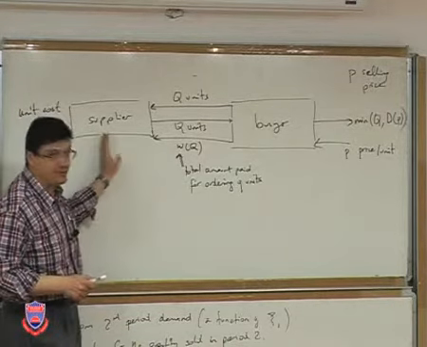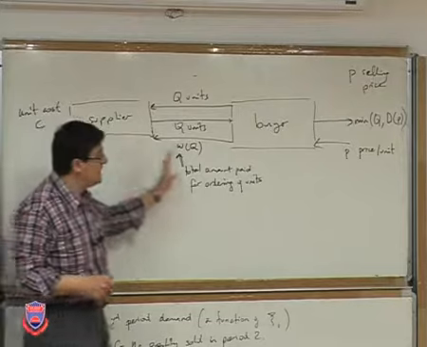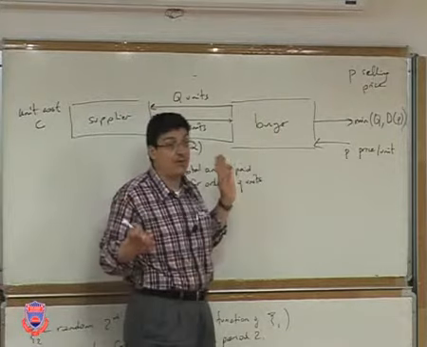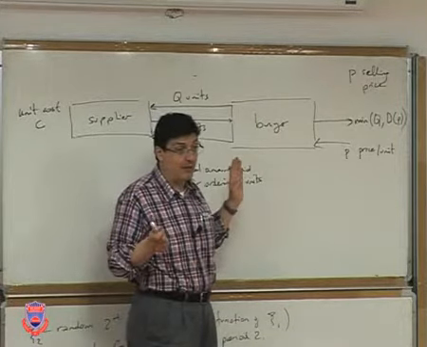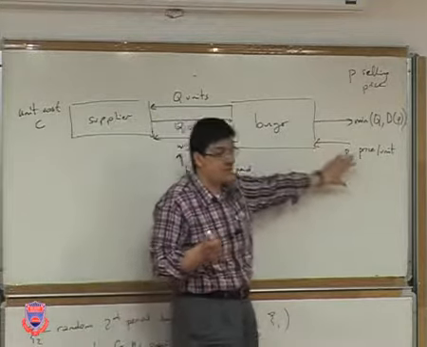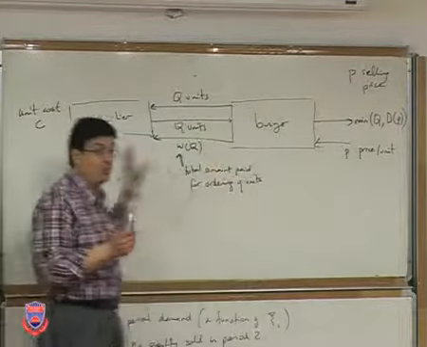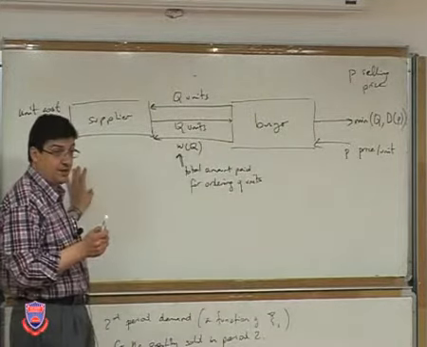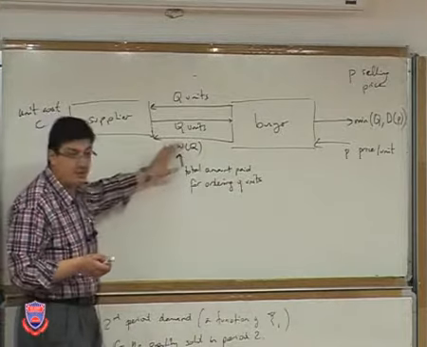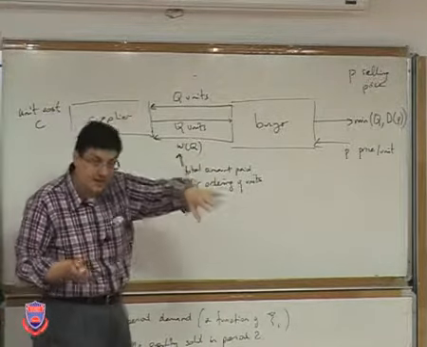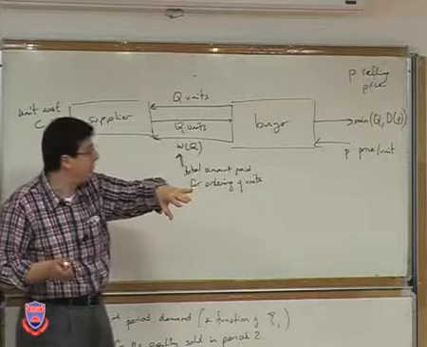Now, of course, on top of this, you can add the following. For example, if there is a buyback contract, it means that anything which is left over is going to be bought by the supplier. In that case, the supplier is going to pay some money for the amount which is left over.